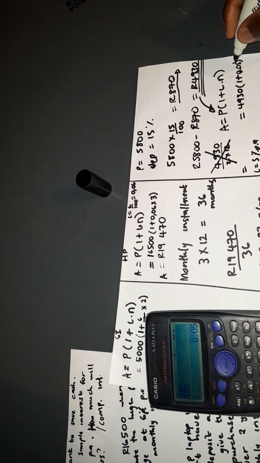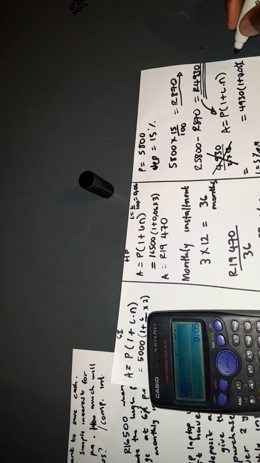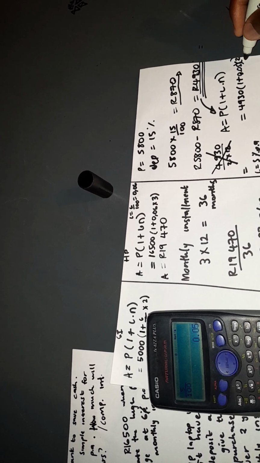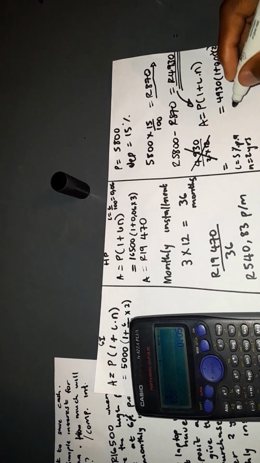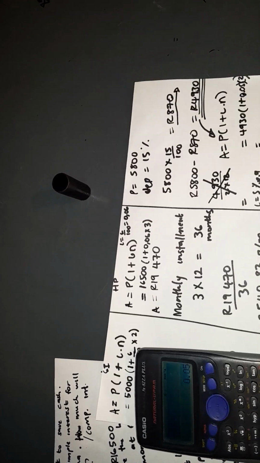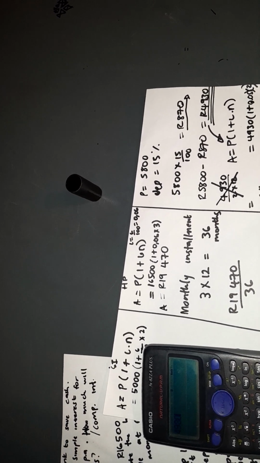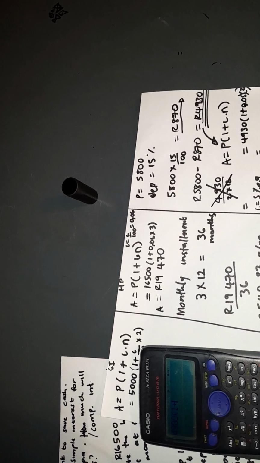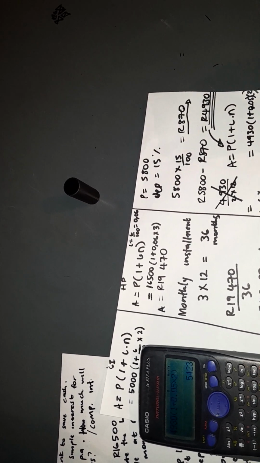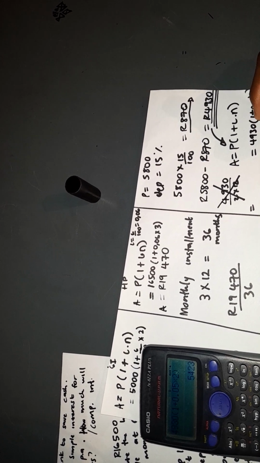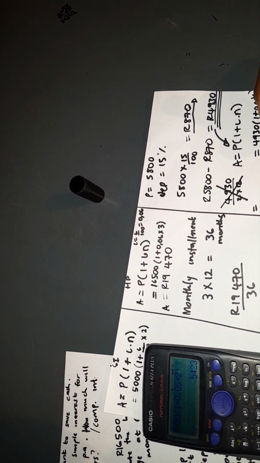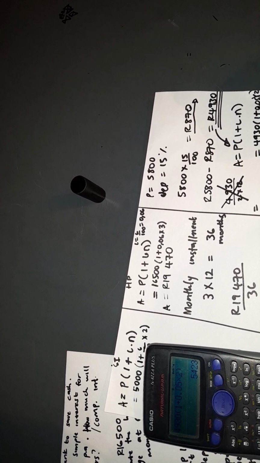0.05, oh sorry, multiplied by 2. So now the final answer, the accumulated amount, is the amount of money she will be able to pay monthly. 0.05 multiplied by 2 will give us 5,423.